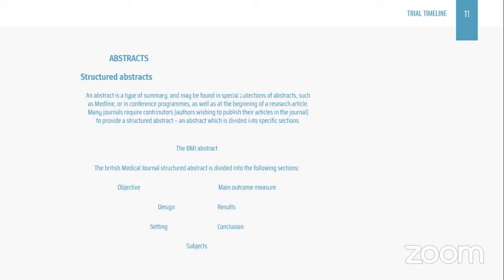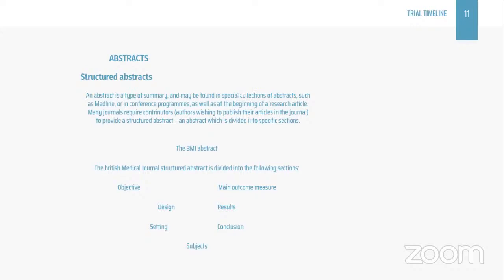Many journals require contributors, authors wishing to publish their articles in the journal, to provide a structured abstract. An abstract which is divided into specific sections. The BMJ abstract, the British Medical Journal structured abstract, is divided into the following sections: objective, design, setting, subjects, main outcome measures, results, and conclusion.